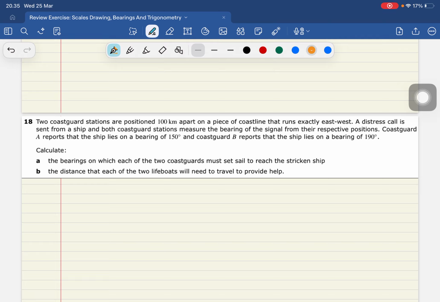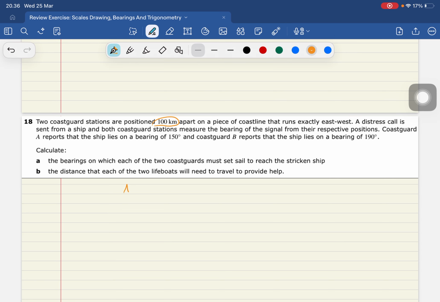Okay, here is the last question. So take a look at the question. Two Coast Guard stations are positioned 100 kilometers apart, from the first to the second is 100 kilometers, running exactly east and west. Okay, east and west.